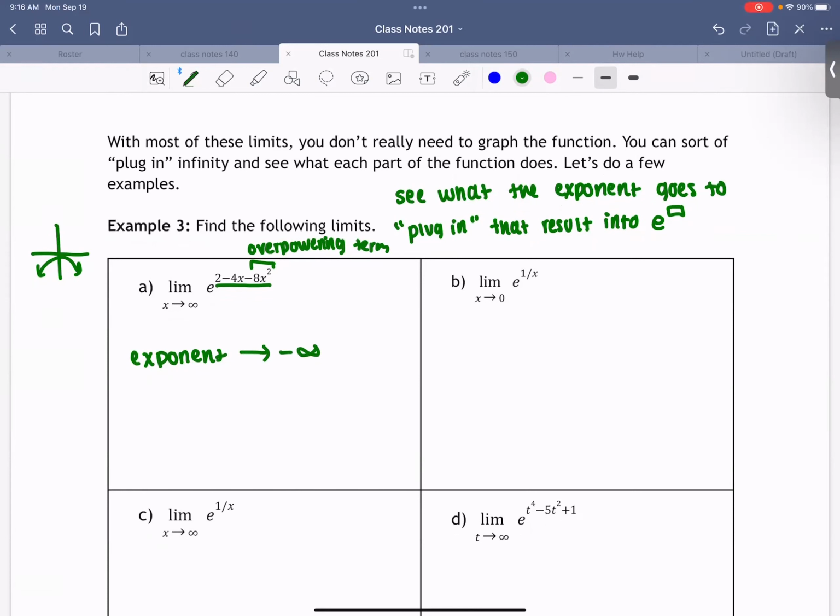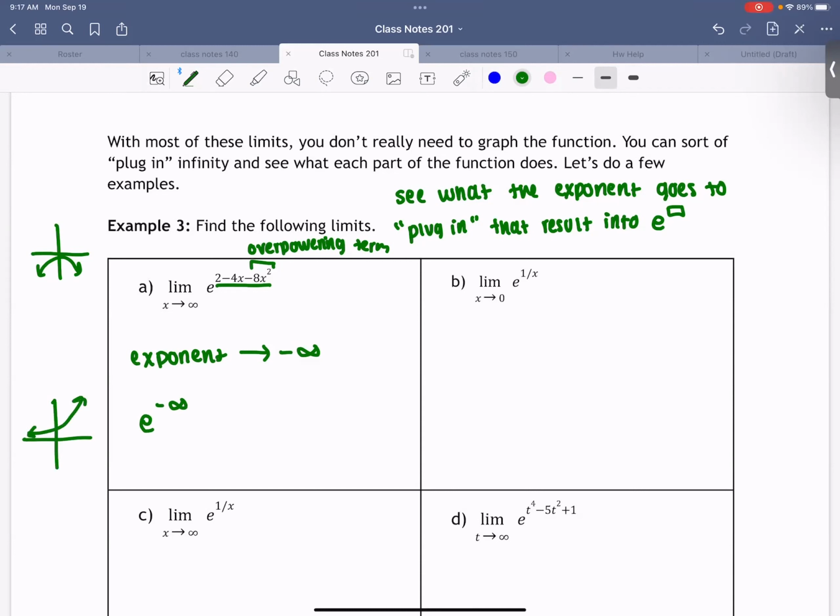All right, I swear the next examples will make it a little bit faster, I promise. Okay, so I know that the exponents are going towards negative infinity. Let's plug in that value into e to the negative infinity. Okay, remember, e looks like this.